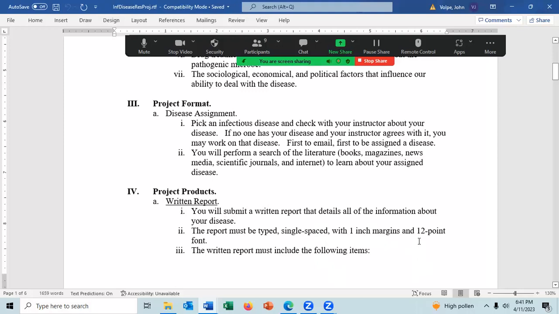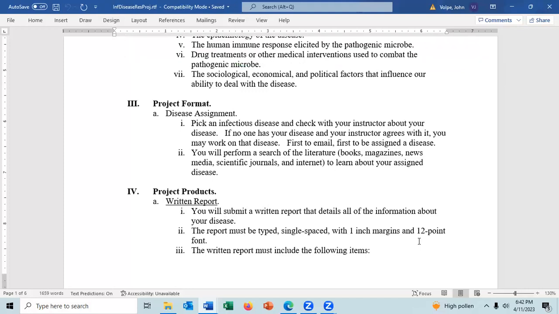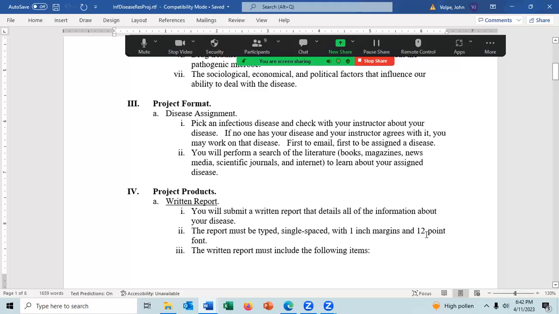But I do ask, please, 12-point font. If you notice, I wear glasses, and if it's anything smaller than 12 point, I'm going to have a hard time reading it, and you're going to suffer in your grading if I don't want to grade it. So make sure it's 12-point font, okay? Just be kind to me. I've got glasses and my eyesight isn't as good as it used to be.